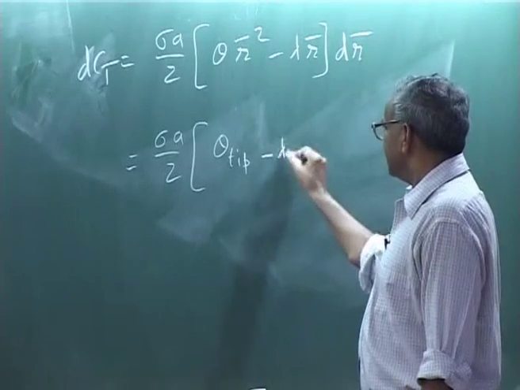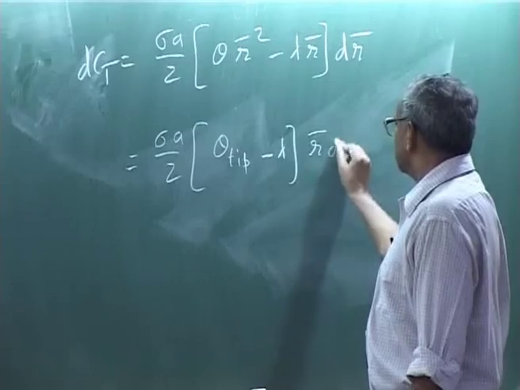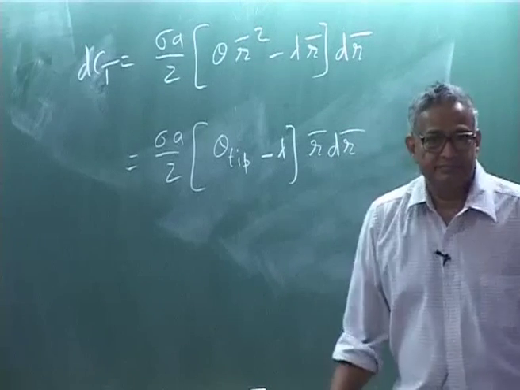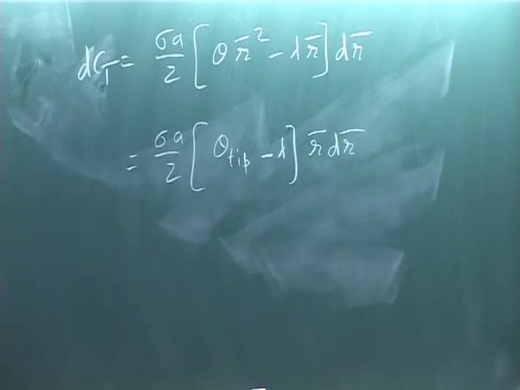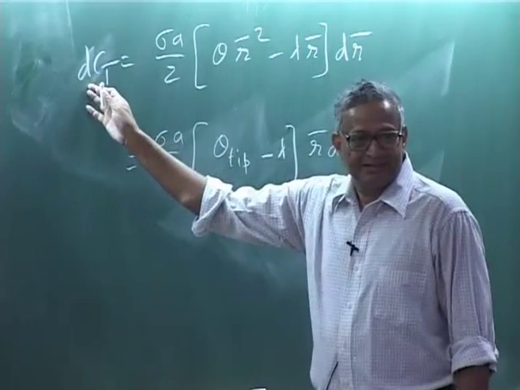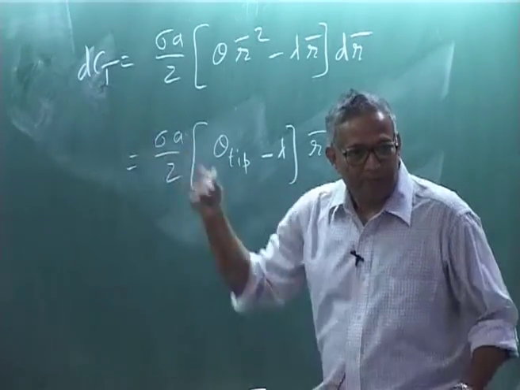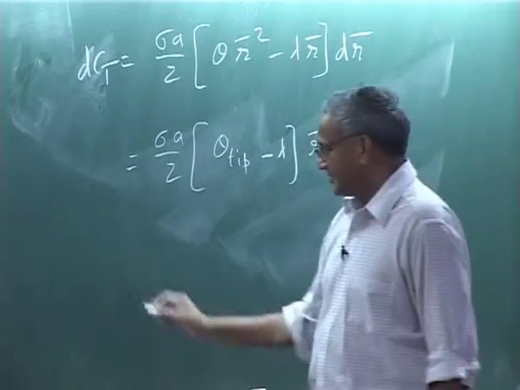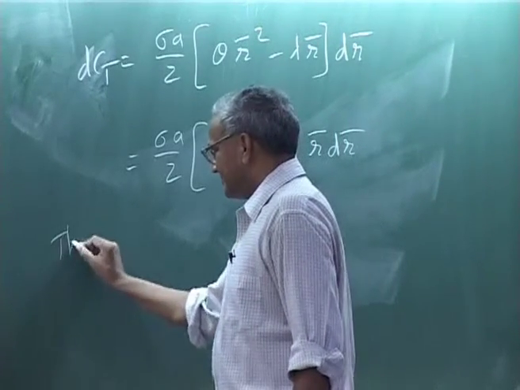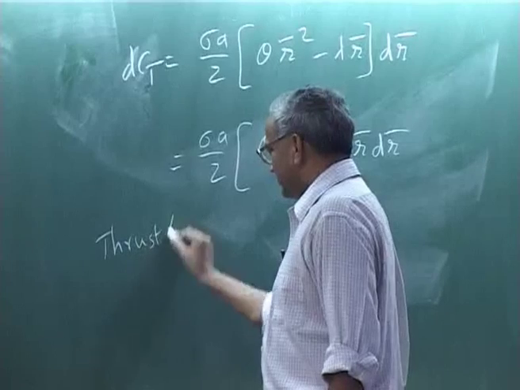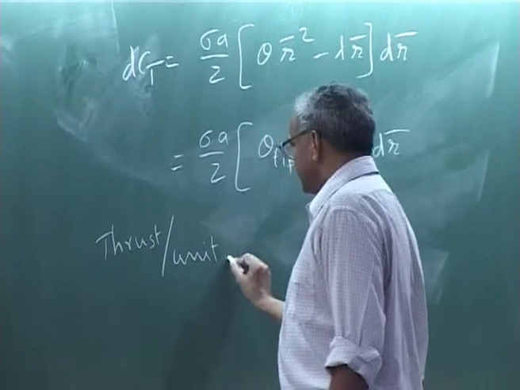So, I will have lambda r bar. Now, what is the area of the annular disk? Annular area is 2 pi r bar dr bar. That means, I am saying lift per unit area, or thrust per unit area.